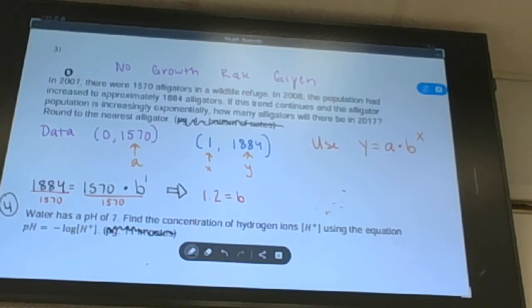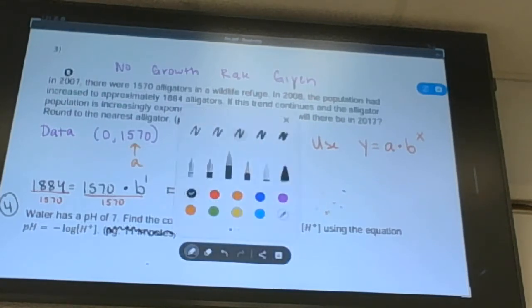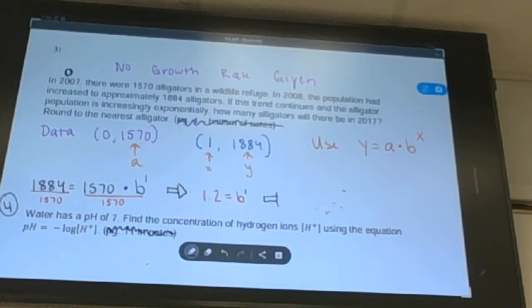What is this trick that you speak of? So these alligators are increasing 20% a year. That's too much.